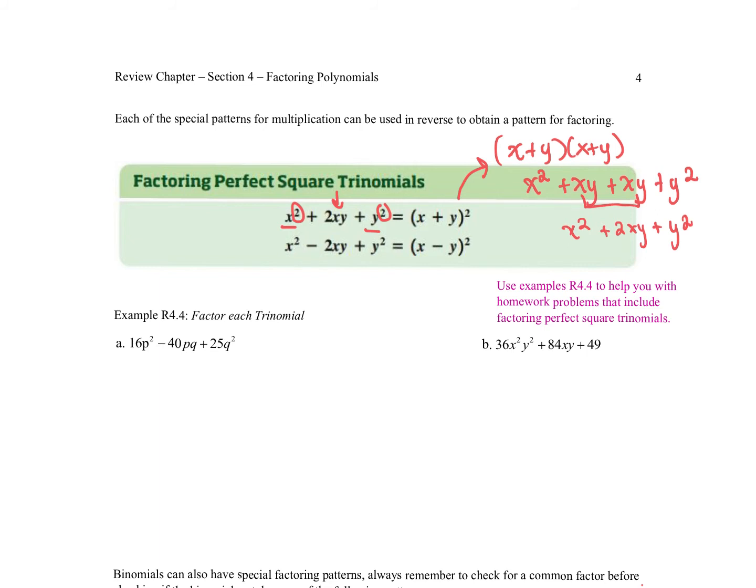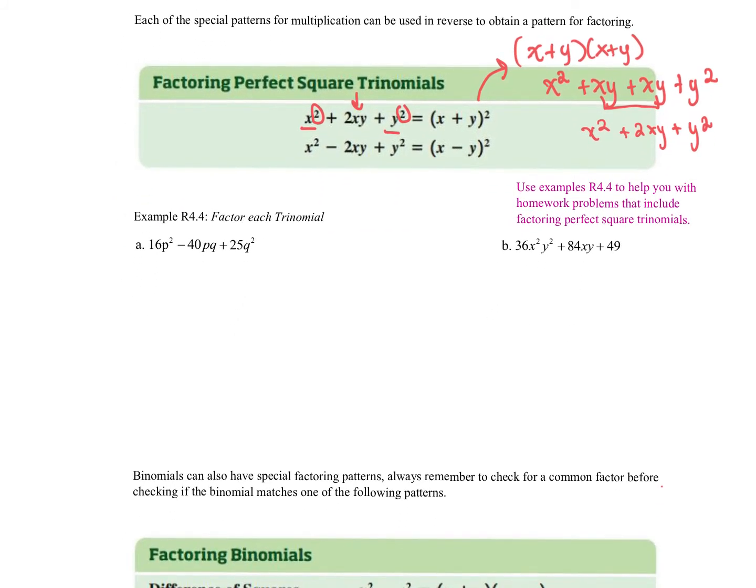So to undo this, we just need to know the pattern or recognize that it is a pattern. So if I'm going to do that, this term right here is a y squared. This term right here is an x squared. So if I use a mathematical sentence, I know that 25q squared equals y squared, and I want to have a y to plug it back into my formula.